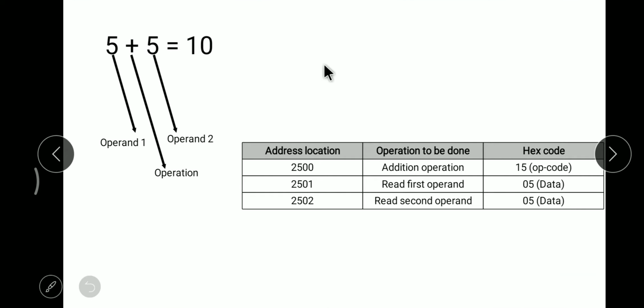By seeing this plus symbol, we understood that it is an addition operation. If you see this symbol, you can say that it is a multiplication operation. It is instructed by means of a teacher. Okay, it is very basic.